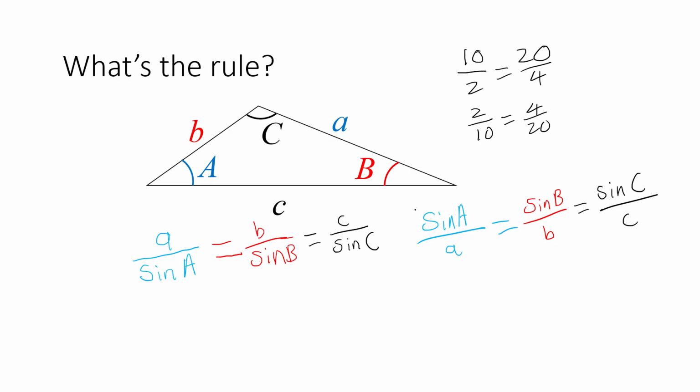So let me repeat again. What the Sine Rule is all about is saying that the ratio of the sine of the angle to the opposite side of each of the three sides of the triangle is the same.